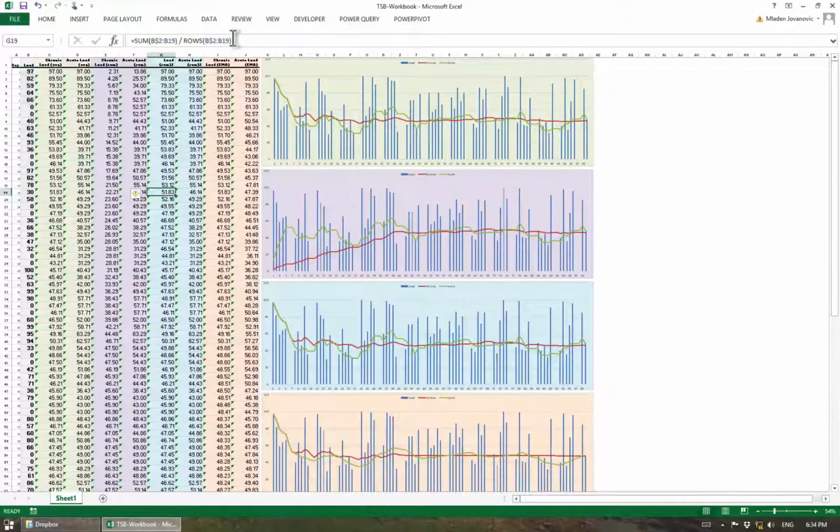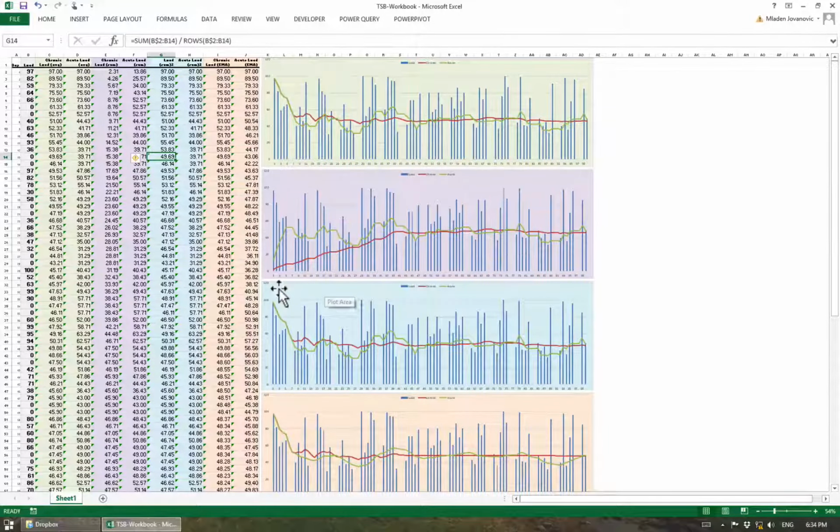So once you're building up and accumulating the data, you're not dividing by 42, you're dividing by the number of rows, or number of days, that are included in the calculation. For example, if you're on day 12, then we are dividing by 12, and we can use a row function. Basically, we are summarizing the rolling window and dividing by the number of events in that window. And that's only useful in the build-up phase, when you have less data than the actual length of the rolling window.